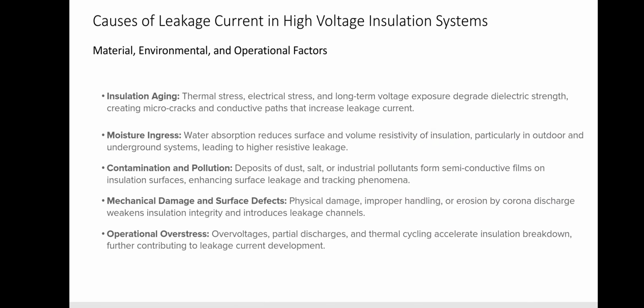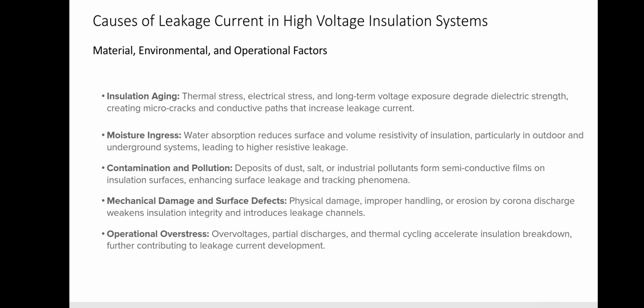Causes of leakage current in high voltage insulation systems: material, environmental, and operational factors. Insulation aging: thermal stress, electric stress, and long term voltage exposure degrade dielectric strength, creating micro cracks and conductive paths that increase leakage current.